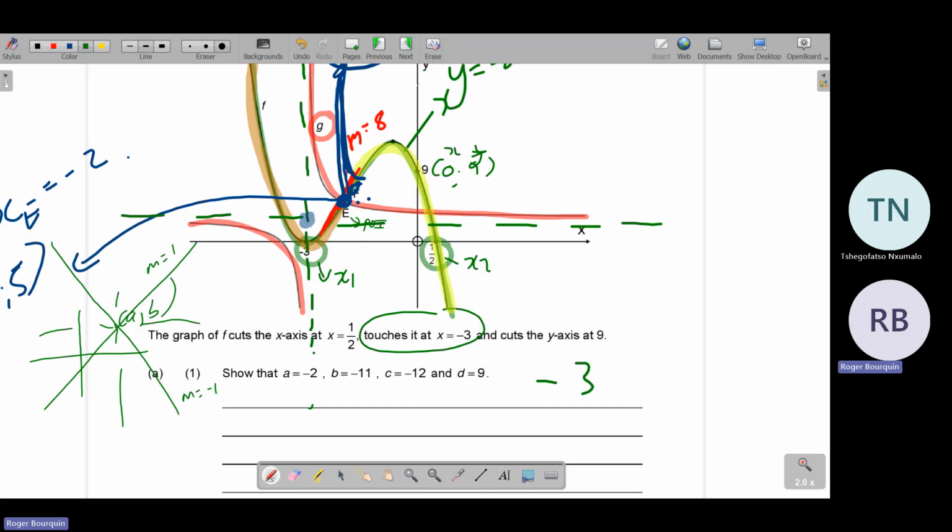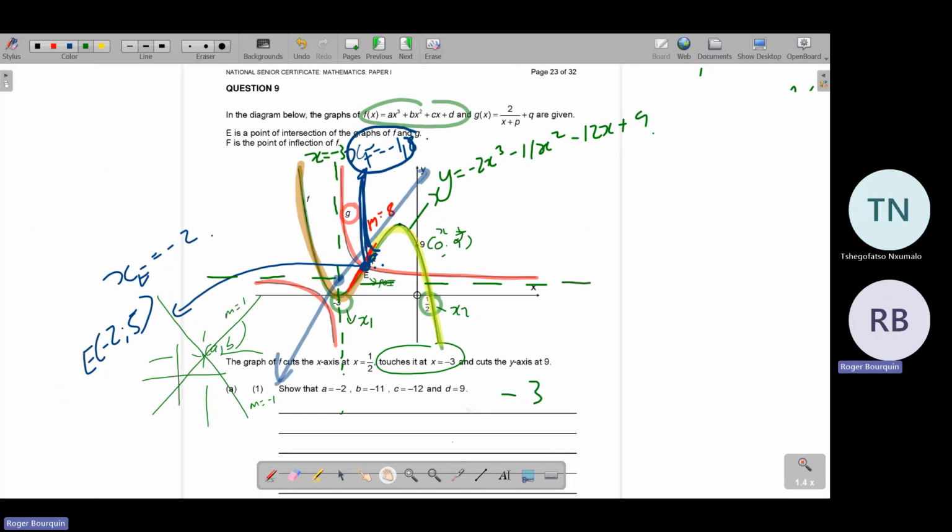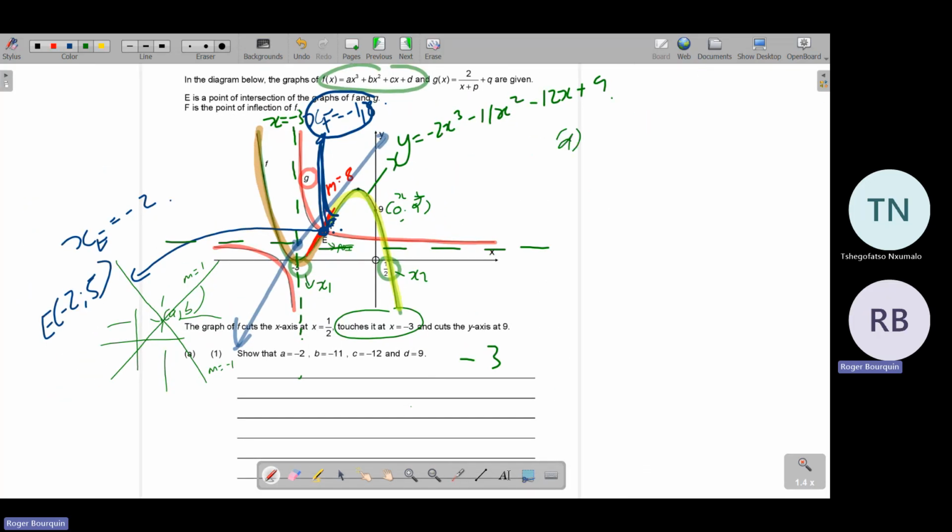In this one, they want the one with a positive gradient, which is going to be this line over here. So for question D, we've got this line, we know the gradient is 1, and we know that it goes through the point of intersection.